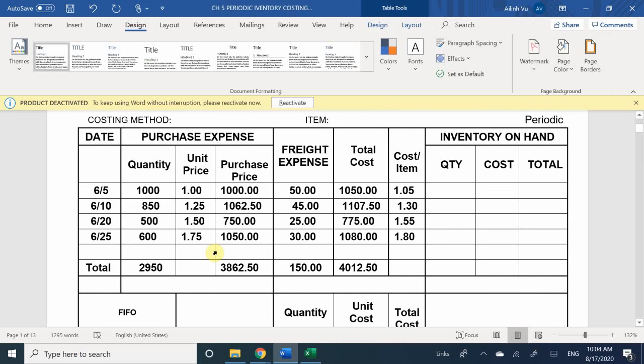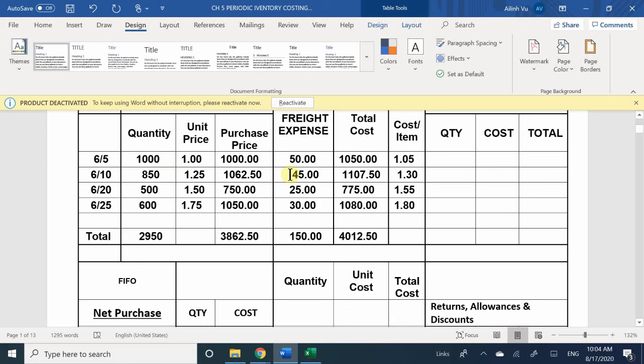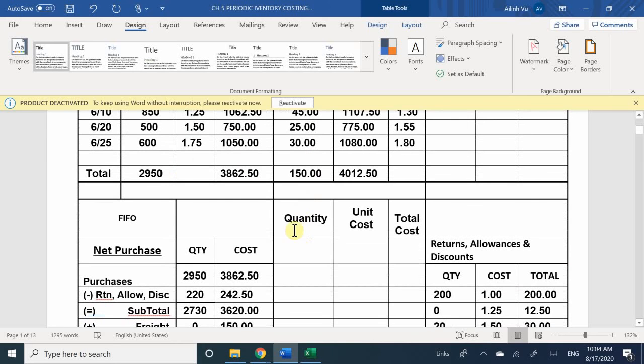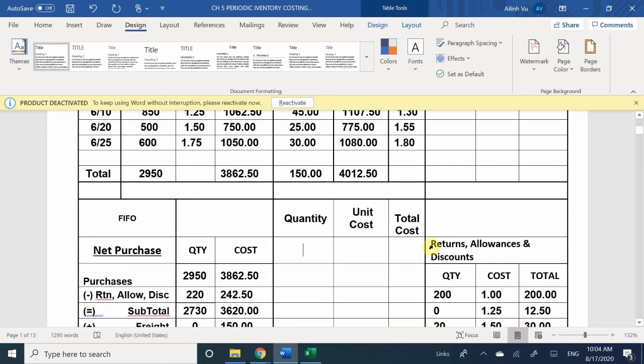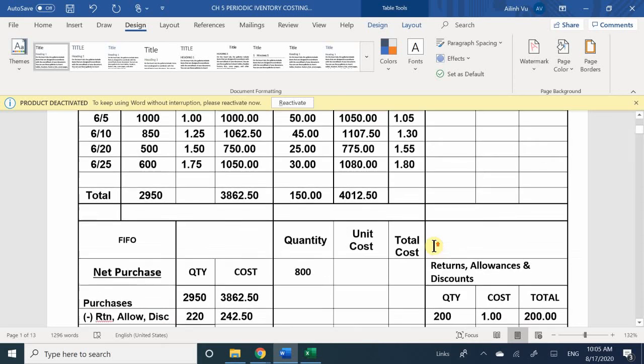Because we're going for our first batch, do we still have those 1,000 items left? No, we don't. So we need to take our 200 and subtract it out. So out of our 800 items, it's still gonna cost.